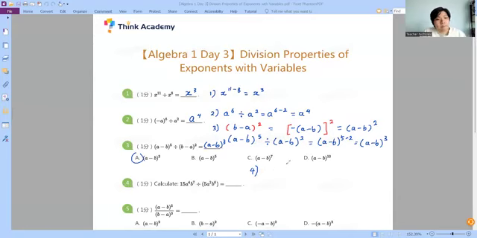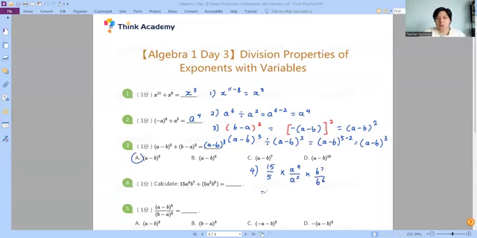Since I have division right here, I'm going to write out each division individually, for each factor of my terms that I'm dividing. So it's 15 divided by 5, and a to the 4th power divided by a to the 2nd power, and b to the 7th power divided by b to the 6th power.